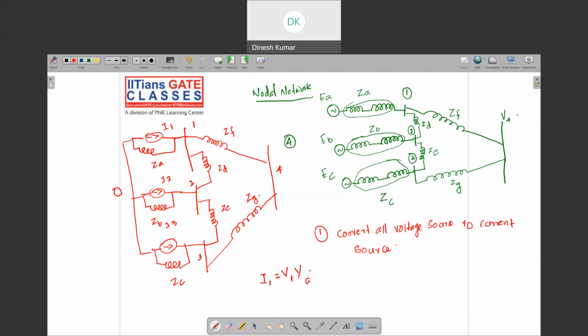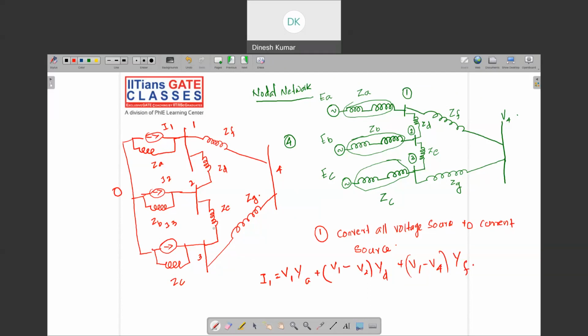V1 into YA plus V1 minus V2 into YD, plus V1 minus V4 into YF. We can write it like this, right? So the incoming current I1 will be the sum of all the currents that are outgoing. This way we can write this.